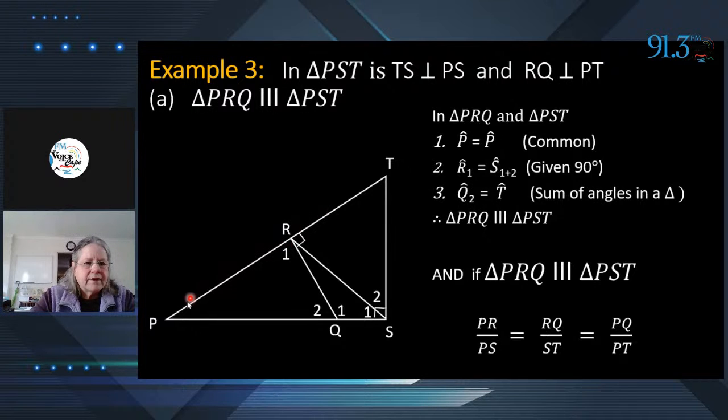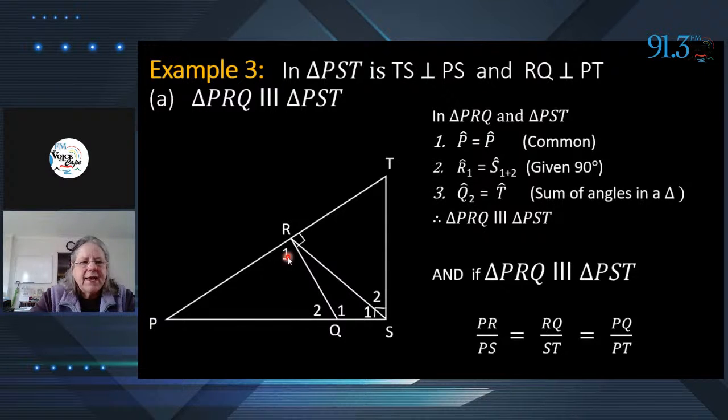So let's see. If we have the small triangle and the big triangle, can you see that angle P is common? So we can write down angle P is equal to angle P, and it is the common angle. Then we need to know that the angle at R must be equal to the angle at S. Right, so the angle at R in the small triangle is R1.